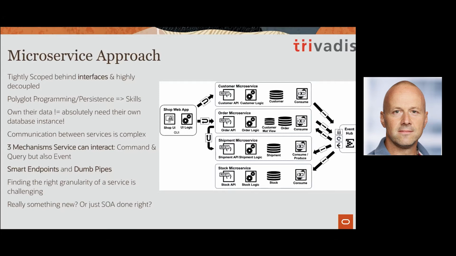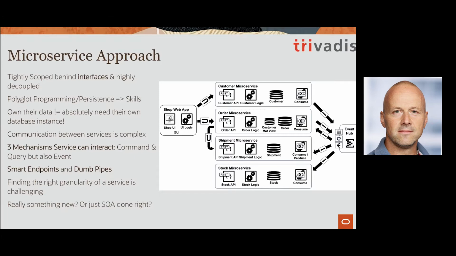We know command and query very well, because that's how we grew up in IT. Command is usually synchronous. It is a command-like way of communicating, which usually means I'm giving a command to another microservice.